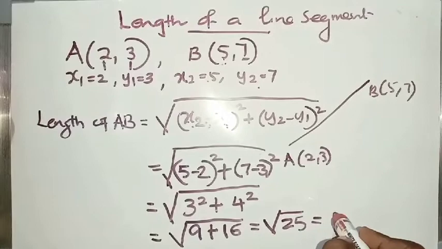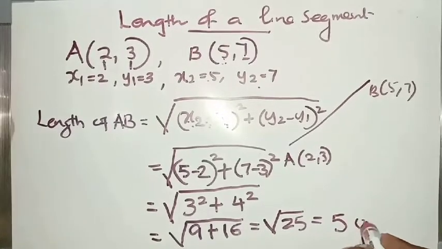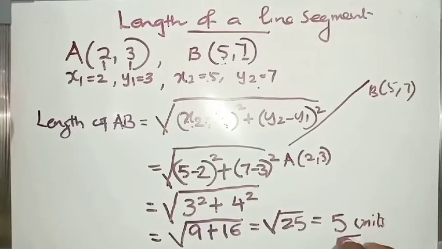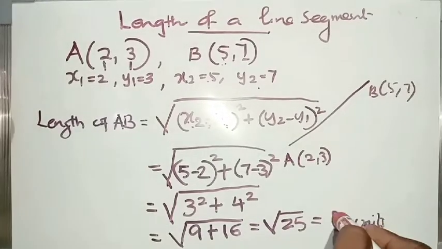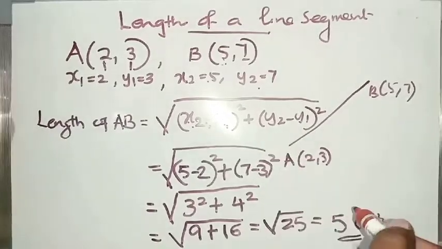What is the square root of 25? Yes, it is 5 units. So the length of the line segment AB is 5 units by using the formula.